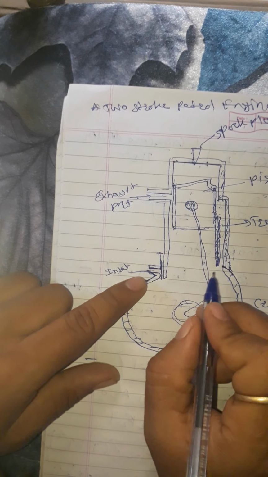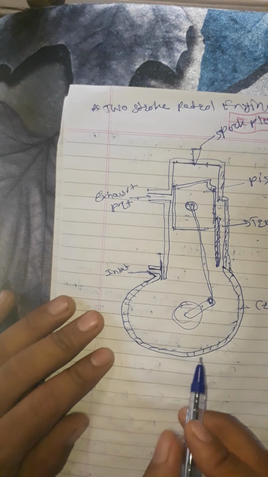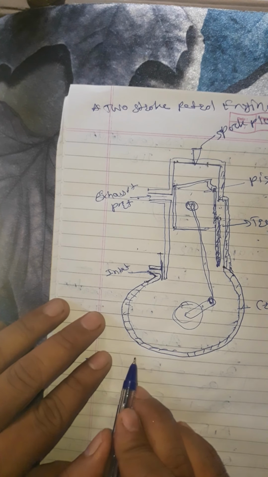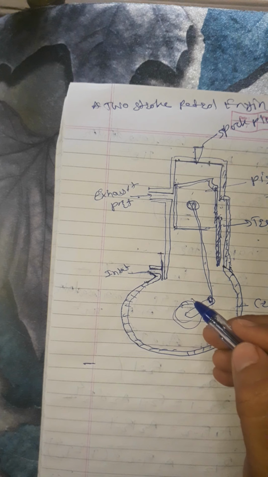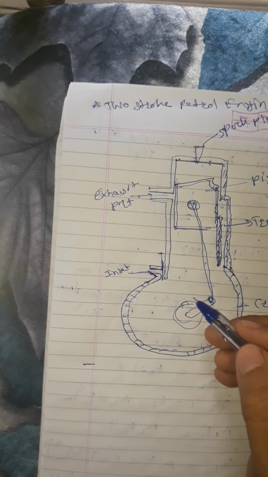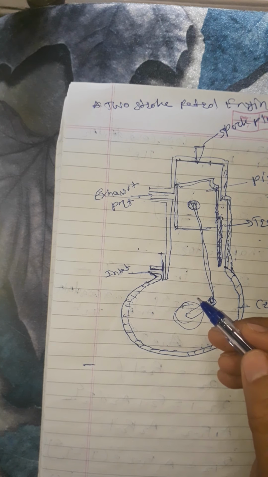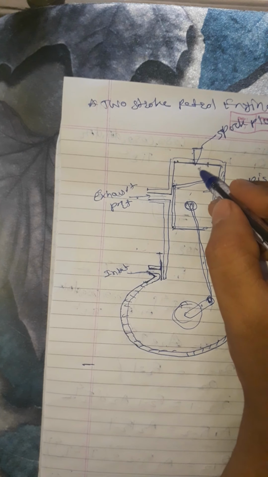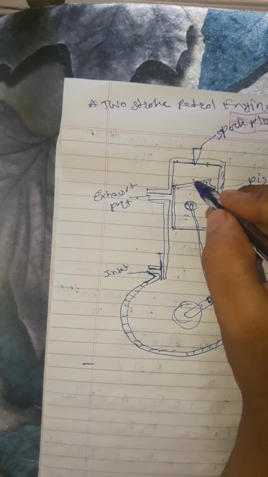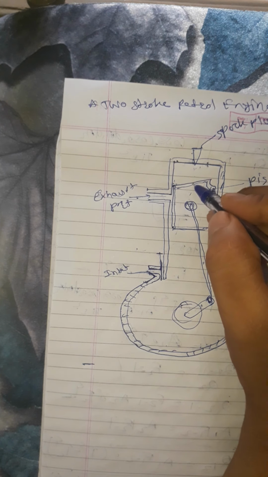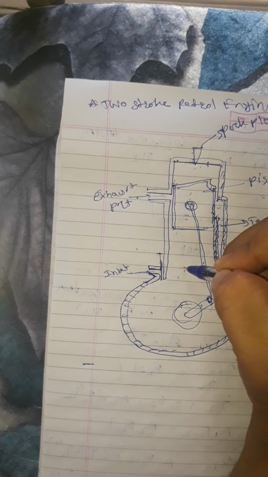Next, the piston moves down in the cylinder. Above the piston, the ignited charge expands and forces the piston down, creating the working stroke. When the piston is at the topmost position, the spark plug ignites and this explosion pushes the piston down.